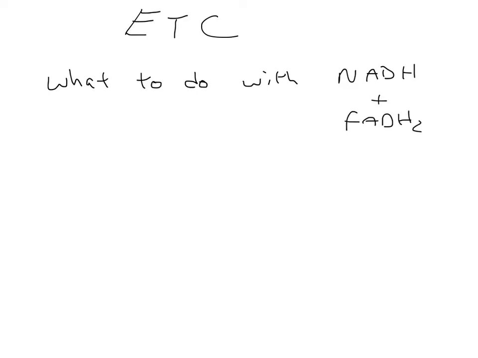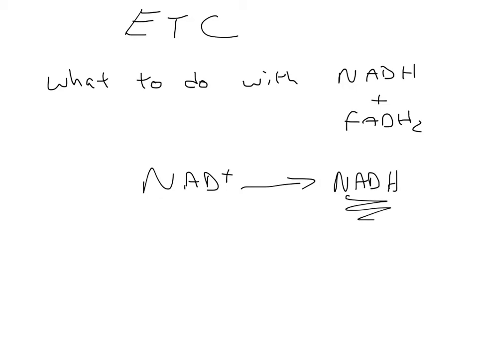We've made these molecules by oxidation reduction, and we've said that if we take something like NAD plus and convert it to NADH, we've transferred energy over here, and so this molecule is high potential energy. So the question becomes, how do we get the energy moved from NADH into ATP?